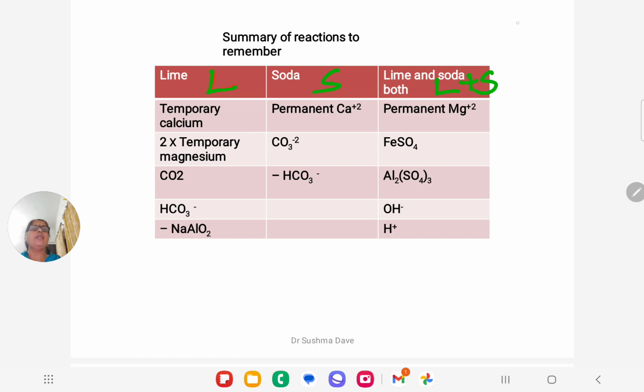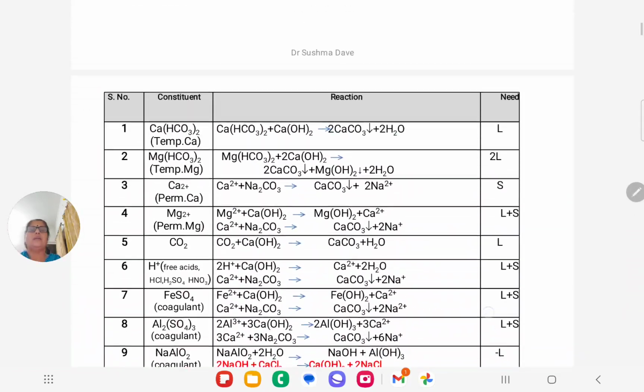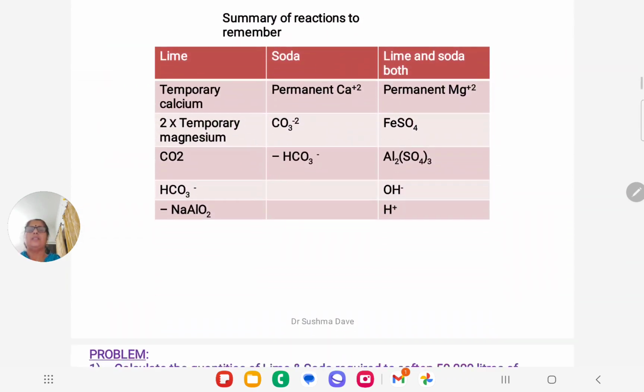We can verify it by looking into the table. Look, temporary calcium requires 1 mole of lime. This summary table is derived in such a way that temporary calcium requires 1 mole of lime. So we have written L, S and L plus S.